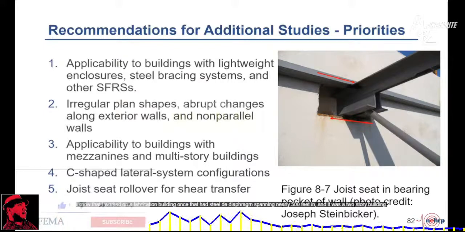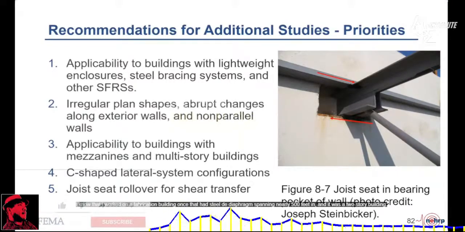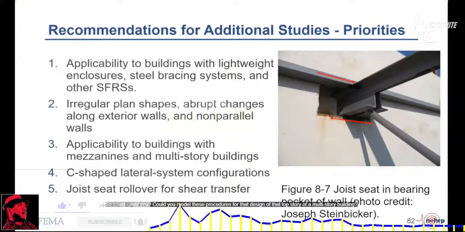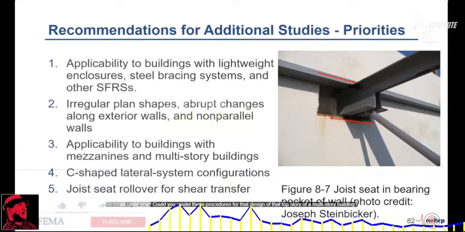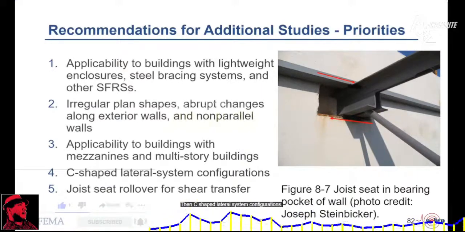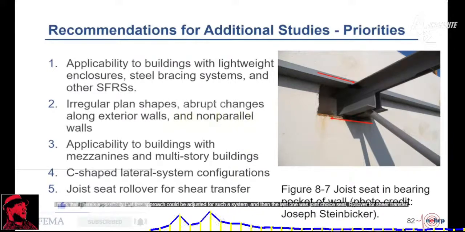I worked on a fabrication building once that had steel deck diaphragms spanning nearly 500 feet, and it was a 2-story building. So could you modify these procedures for the design of the top story of a multi-story building? And then C-shaped lateral system configurations. I think there's a possibility that this approach could be adjusted for such a system.